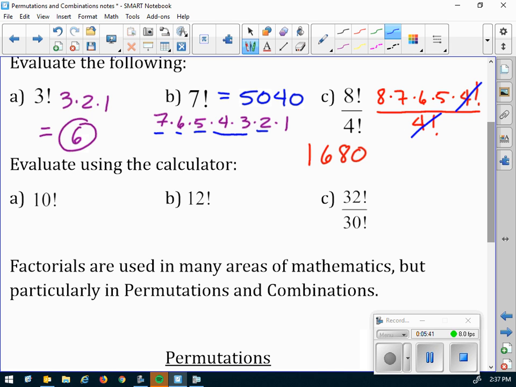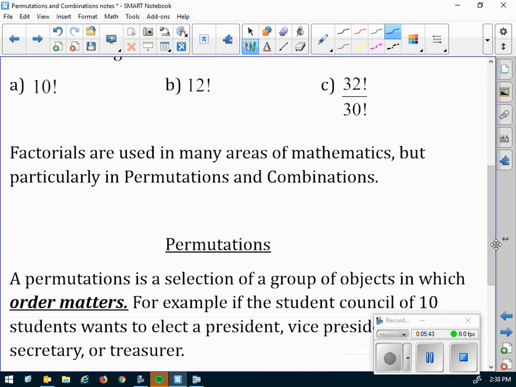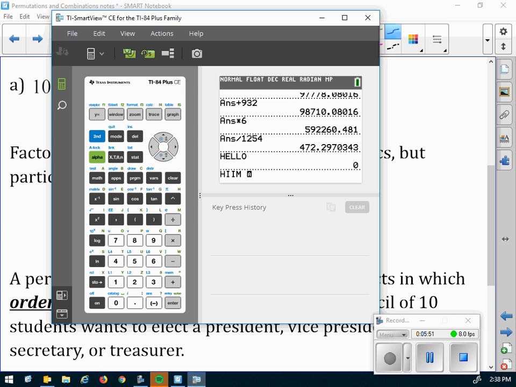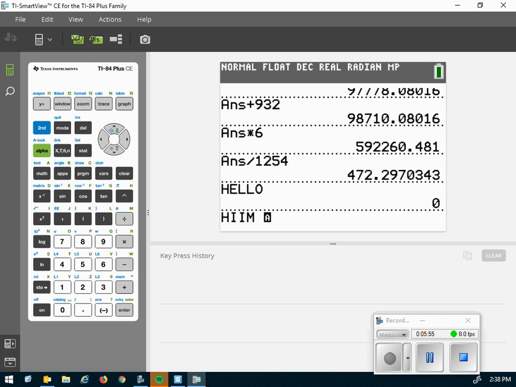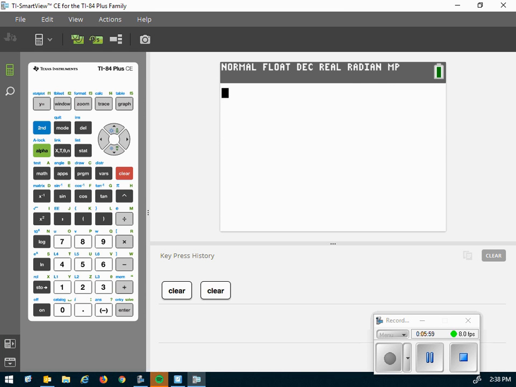Okay. Now I'm going to show you how to do them on the calculator. Please get your calculator. And listen, let me teach this; if you're jumping ahead, that's fine.